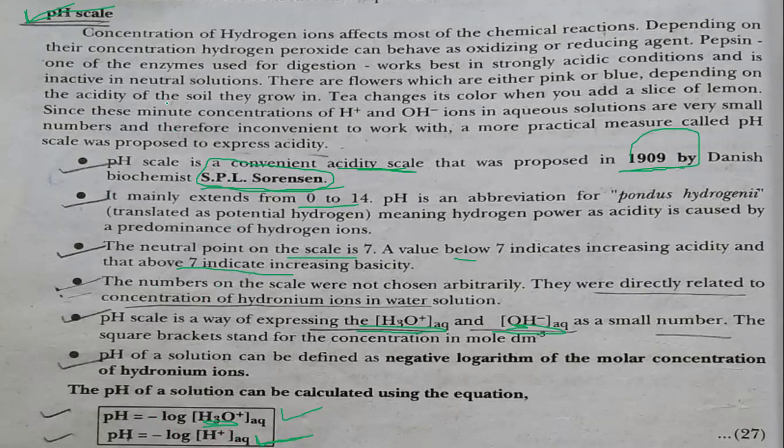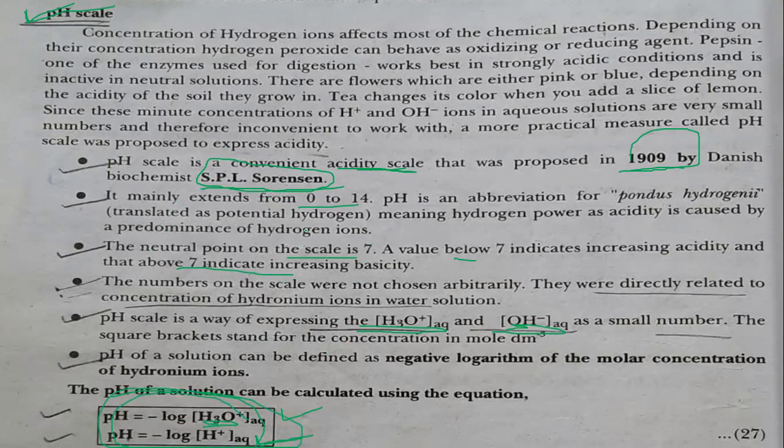This information may be there in the 11th and 12th standard, but it is again mentioned over here. Remember, below 7 is acidic, above 7 is basic, and 7 is neutral pH. And the definition of pH is the negative log of hydronium ion or negative log of H plus ion.